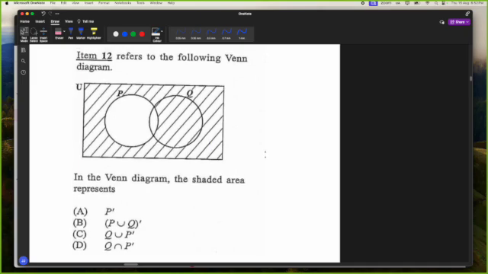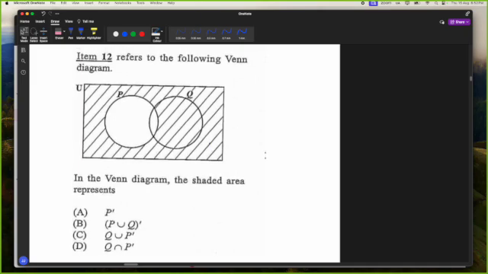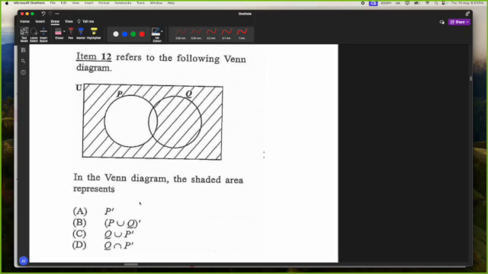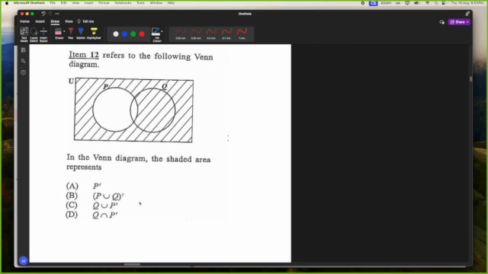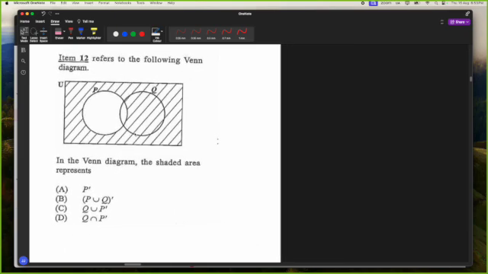Now this here is a question that you all will have to get familiar with, and that is when they give you a Venn diagram that is shaded, and they ask you, well, which one of these, in set notation, represents the shaded region? I could easily see here, and I'll actually draw the Venn diagram for each one of these, because we're going deeper with these questions.